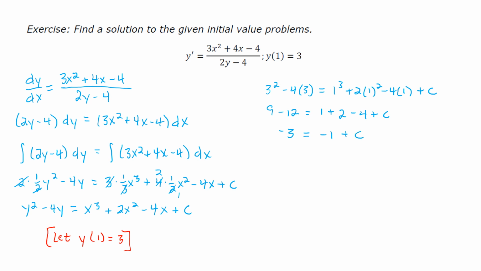And so c equals negative 2. Since c equals negative 2, we then have our solution, y squared minus 4y equals x cubed plus 2x squared minus 4x minus 2. Okay, now this is an implicit solution.